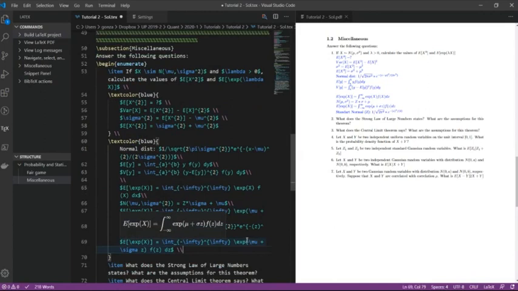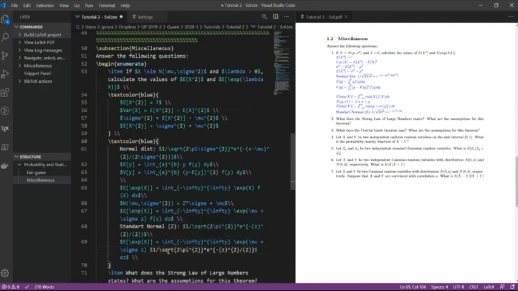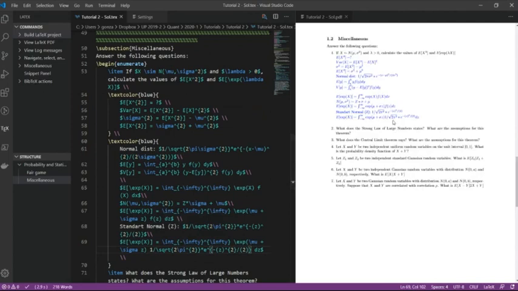So instead of f of x, f of z, I mean, we can just write out the standard normal distribution, which is this. Like this.